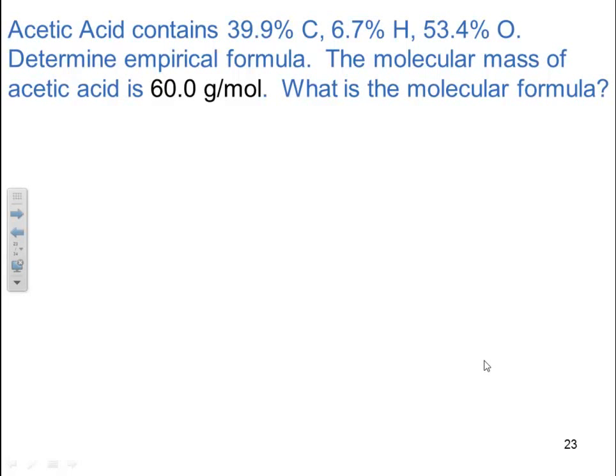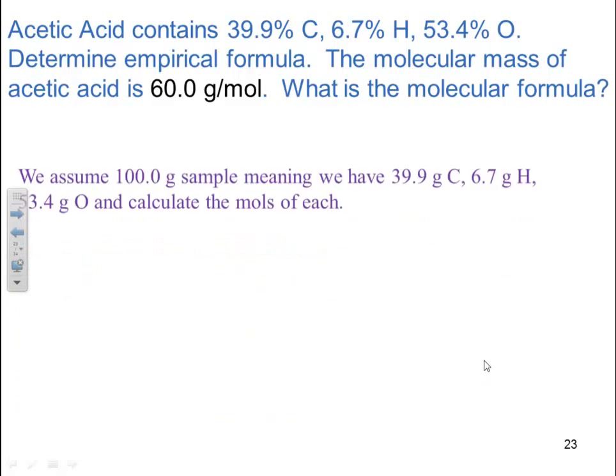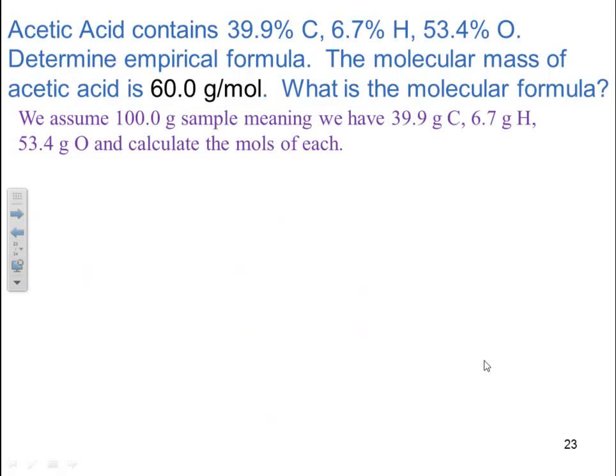So we'll handle this the same way we did just recently. We're going to assume a 100-gram sample, meaning we have 39.9 grams of carbon, 6.7 grams of hydrogen, and 53.4 grams of oxygen. We will calculate the moles of each because it's a mole-to-mole ratio on that formula. So I got 39.9 grams carbon. Molar mass, 12.01 grams.